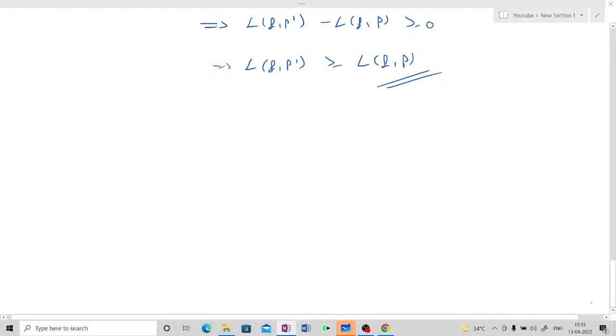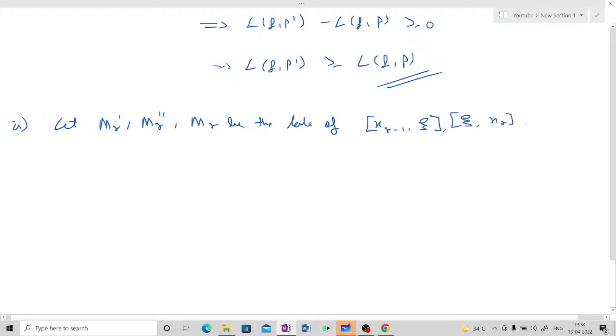What happens is that in case of considering the LUBs, here we have to consider LUBs of these intervals, right? So suppose for the second statement, let capital MR prime, capital MR double prime and capital MR be the LUBs of the subintervals xr minus 1 to eta, eta to xr, and xr minus 1 to xr respectively.